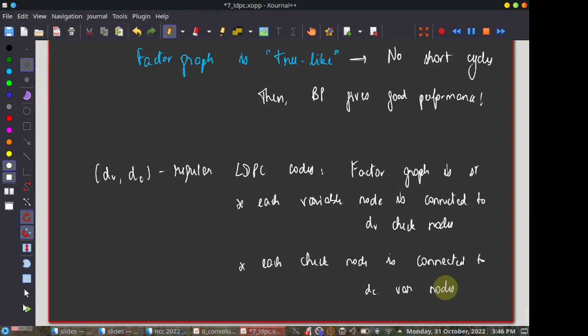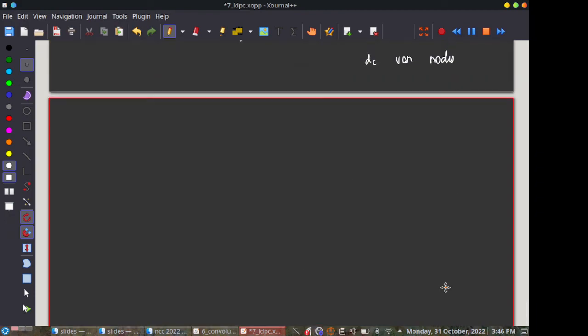Okay, so this is what I mean by a DV-DC regular LDPC. So what can you say about the parity check matrix? If I look at any particular column, how many ones are going to be there in that?